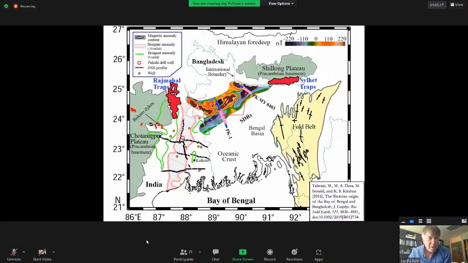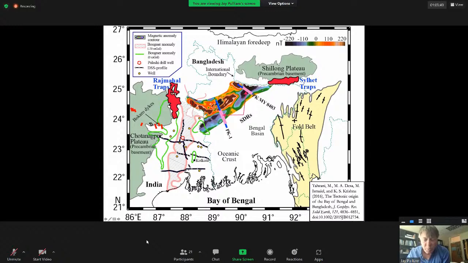Another part of their argument is that they've got these two traps, the Sylhet traps and the Rajmahal, and they are contemporaneous and have the same chemical signature as the Kerguelen eruption. And they're connected by this magnetic anomaly, which is also this right time period. And so his claim is that this is the leading edge of the oceanic plate that separated from Gondwana.